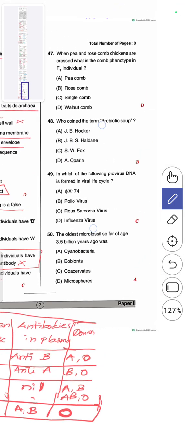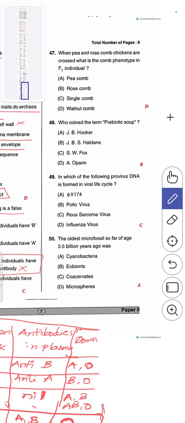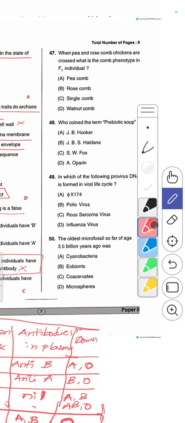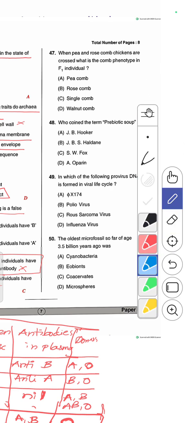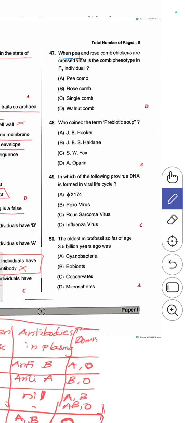Then the 47th question. When pea and rose comb chickens are crossed, what is the comb phenotype in an F1 individual? That is walnut comb. These are the different shapes of the combs.